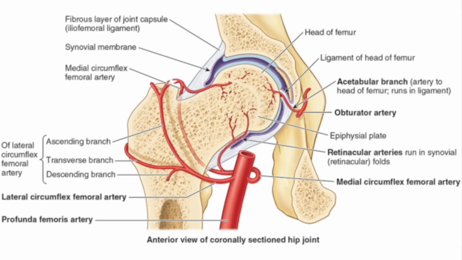Probably the best example would be if you have a hip dislocation and the head of the femur is no longer articulating, this artery is either torn or under tension and compromises the blood flow to the head of the femur and sets you up for avascular necrosis, which is why time to reduction matters for hip dislocation.